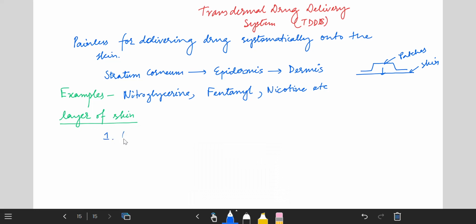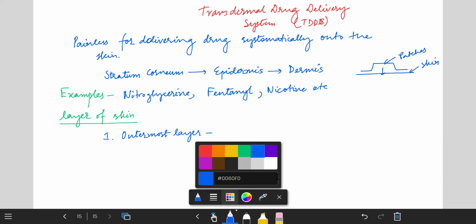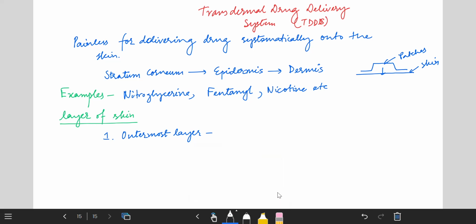First layer is the outermost layer, also known as epidermis. This epidermis layer actually consists of stratum corneum. Actually, stratum corneum is the most superficial layer of the epidermis part.